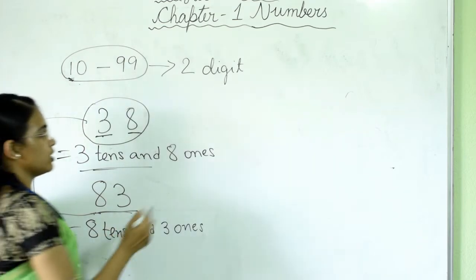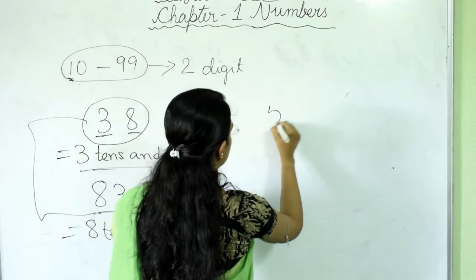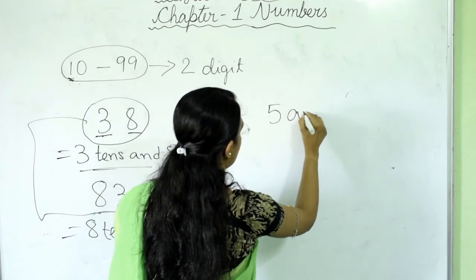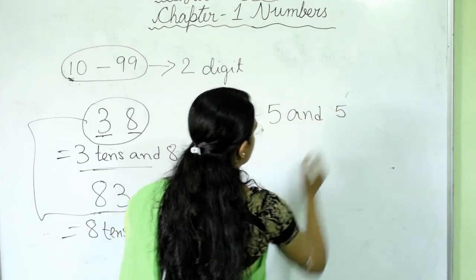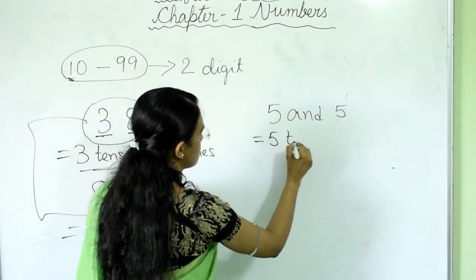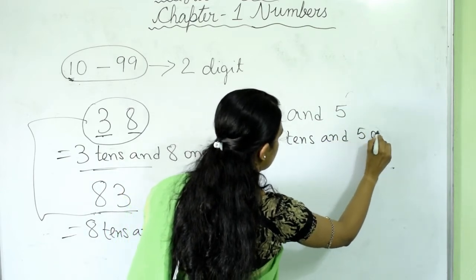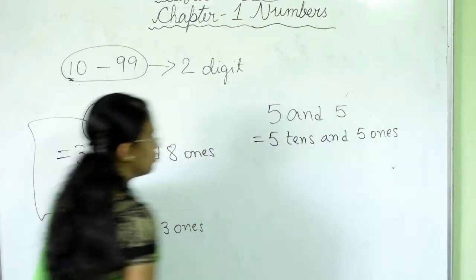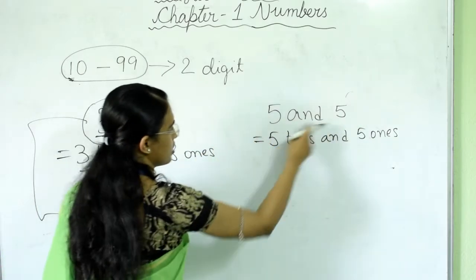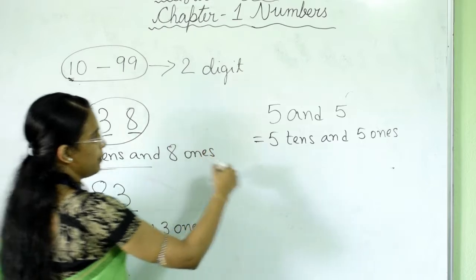Now we can form the numbers with the help of the same digit, just like this: 5 and 5. So 5 and 5 equals 5 tens and 5 ones. Now if you interchange the position of these two numbers, what will happen?